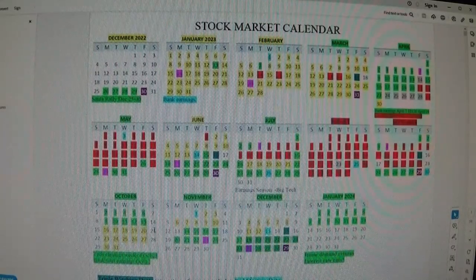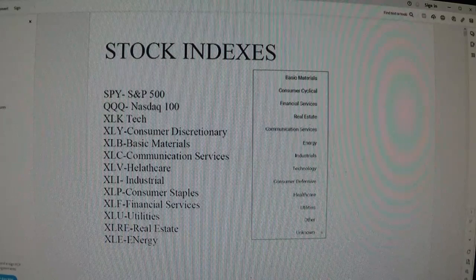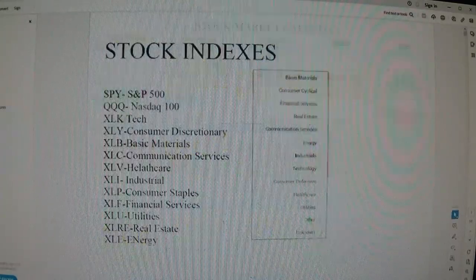Right now we have a situation where the stock market is overbought. Just to review, stocks can trade in an overbought state. This is something called stochastics. We follow the slow stochastics, an indication of whether the stock market is overbought or oversold.